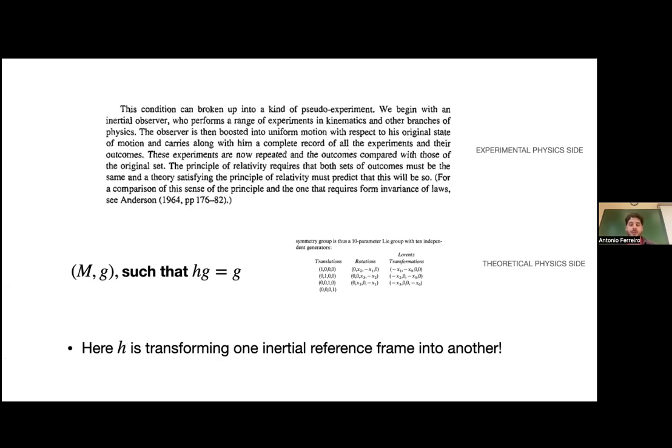Here this H transformation is exactly how we transform one inertial frame into another. So this whole picture is very clear in special relativity. It is only valid for inertial frames, for inertial motion. That's true, but it is very clear here how to connect the physical principle of relativity with the theoretical notions of invariance and transformations.